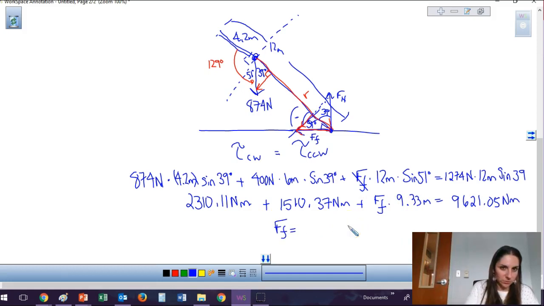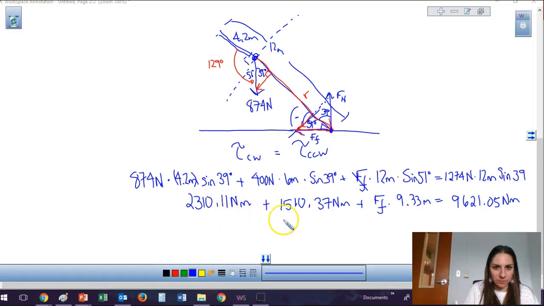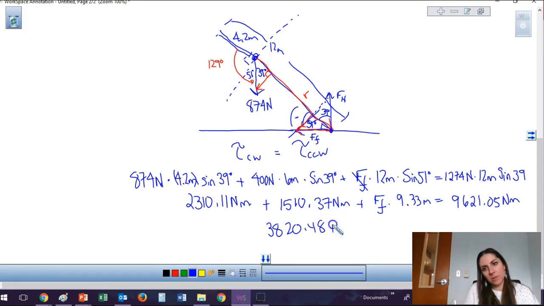Okay, I'm going to go ahead and finish this problem by getting F by itself. So I'm going to combine 2,300.11 plus 1510.37, and then subtract that from the 9621. I'm just doing out the algebra now. I guess I could show you my step-by-step algebra. So here we go. I simplified this and I get 3,820.48 plus this stuff equals this.